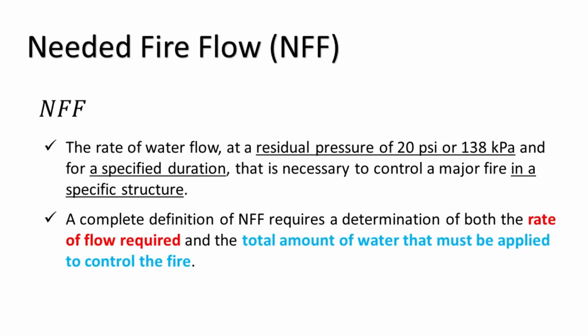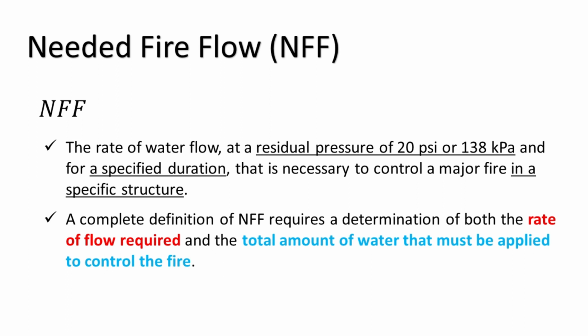The NFF represents the required flow rate to effectively manage a significant fire within a specific building for a defined duration. Its purpose is to evaluate the sufficiency of a water system, forming a component of an insurance rating schedule. While not designed as a criterion for system design, practical demonstrations have shown that the NFF often aligns reasonably well with the actual flow needed to suppress a fire in real-world scenarios.